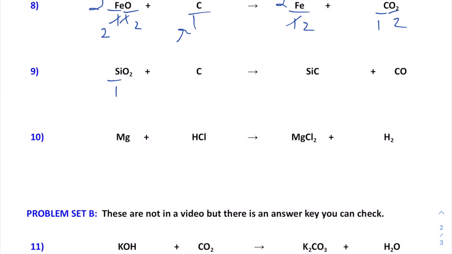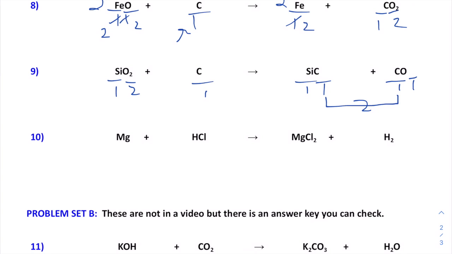So I have 1 Si, 2 O, 1 C, jump over, 1 Si, 1 C, ooh, another C here, and 1 O. So this one is a little bit different in that on the right side here, we see we have a C on each of these molecules, so our total on the right side is actually 2.